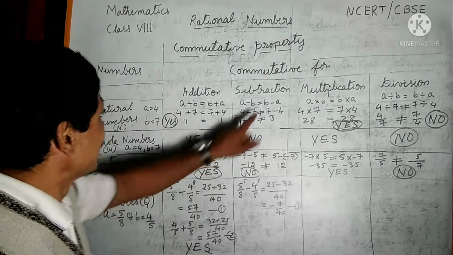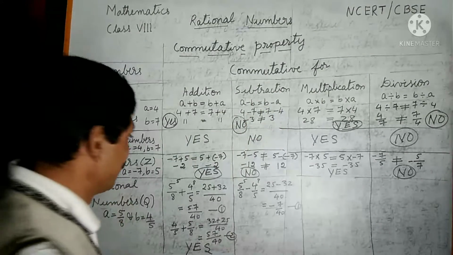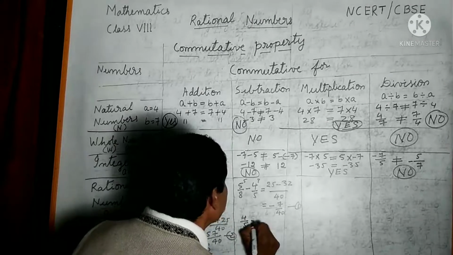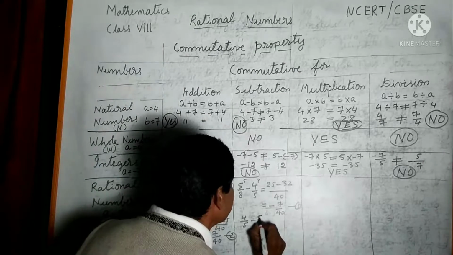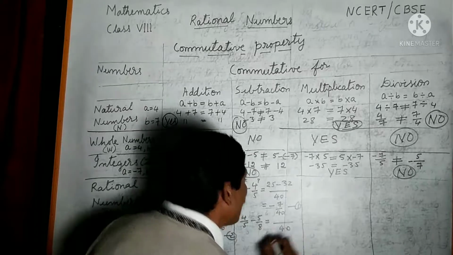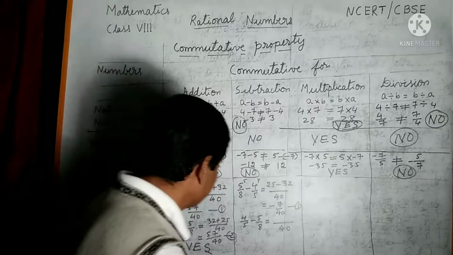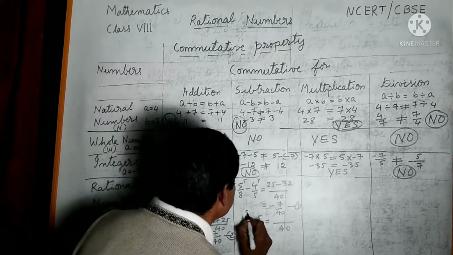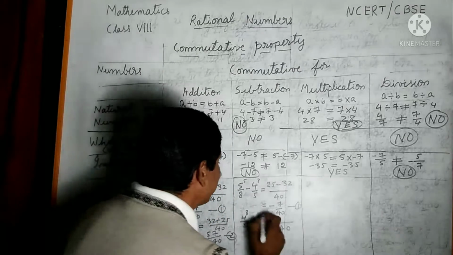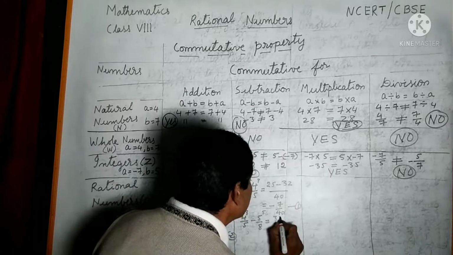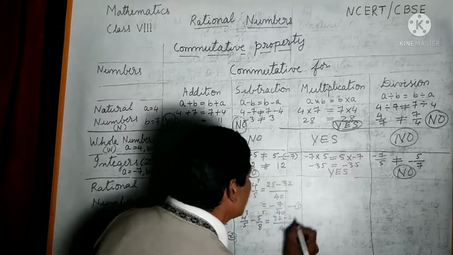Next, let us check b minus a. b is 4 by 5 minus 5 by 8. This is equal to, LCM is 40, and 5 eights are 40 and 8 fives are 40. 32 minus 25.